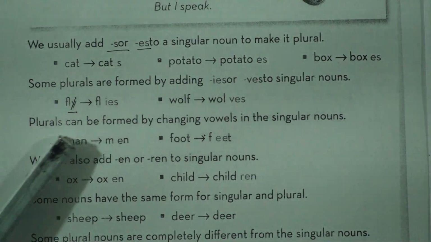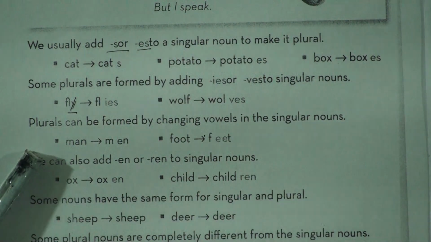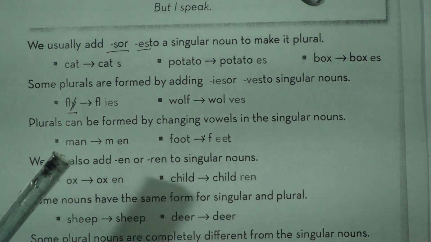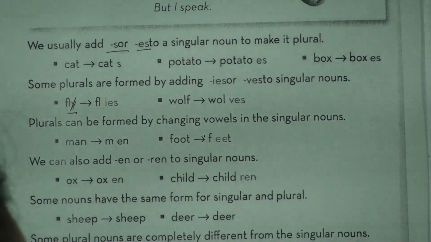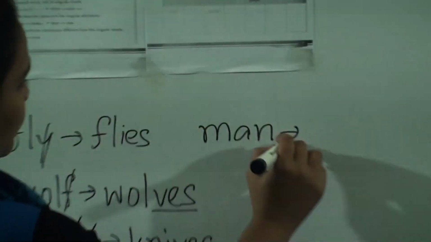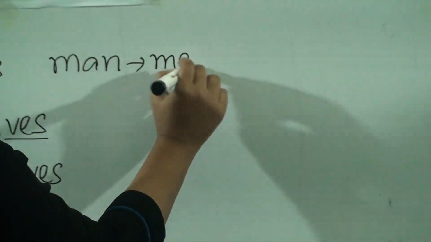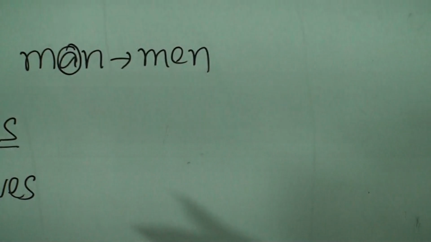Next, plurals can be formed by changing vowels in the singular nouns. So you can also make plural nouns by changing the vowel. Now look, man is singular, but the plural form is what? Men. That means the vowel is changed here.